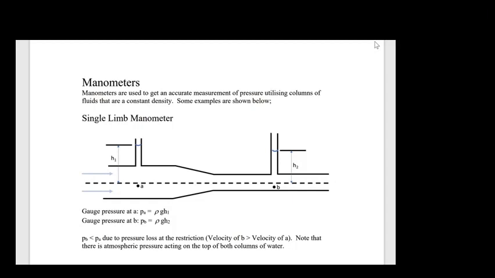So we can consider this situation here. Here is a pipe. We've got a constricting pipe, fluid flowing from left to right, from position A to position B. We know through conservation of mass that the fluid must be travelling faster at position B than it is at position A. If the fluid is flowing faster at position B, and the total energy is the same, the pressure must be reduced.